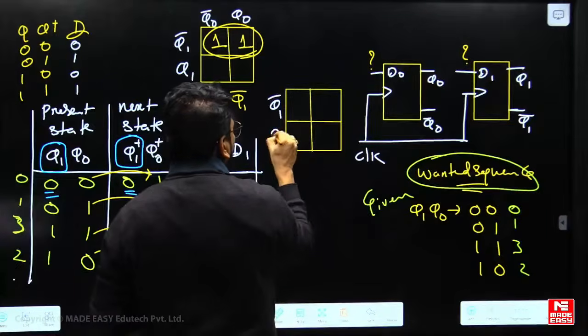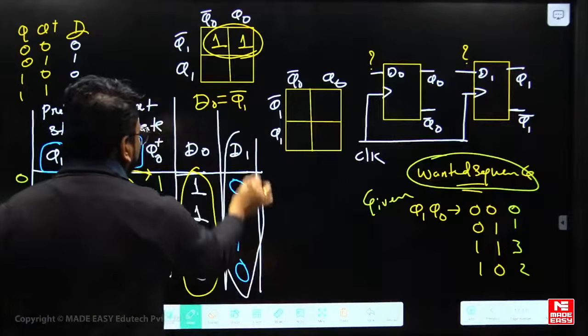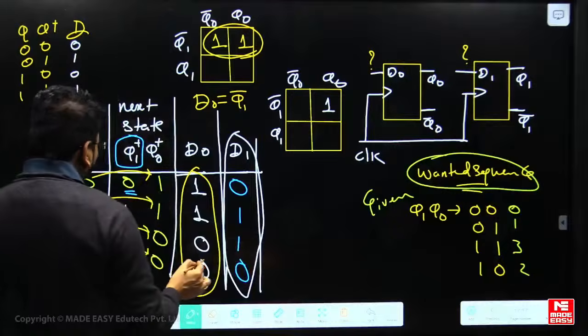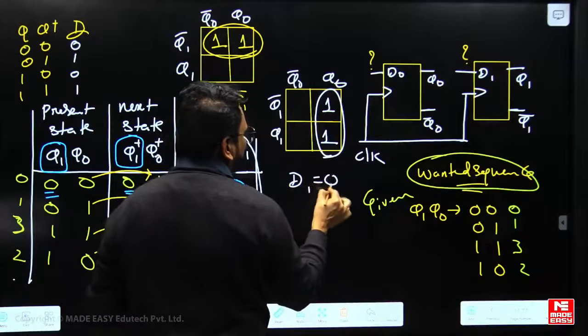It's Q1 bar Q1, Q0 bar Q0, and D1 is nothing but Q1 bar Q0 here 1, and here Q1 Q0 it is 1. So D1 is nothing but Q0.